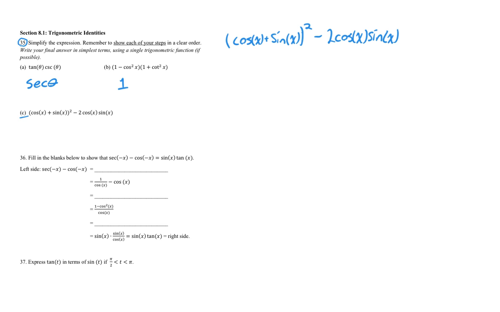Okay, part C, we have cosine x plus sine x all squared minus 2 cosine x sine x. So we can FOIL this out like we would a polynomial. Just because it's sine and cosine doesn't mean that we can't still multiply like we would.